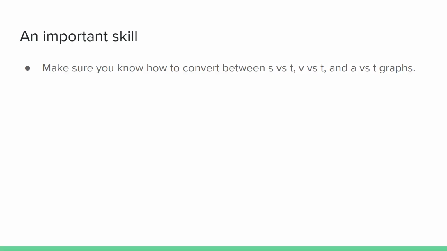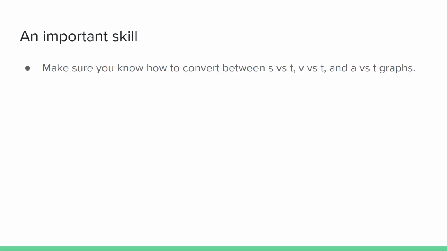That way I don't have to say X and T and Y and T. So S versus T just tells us displacement versus time, but we don't necessarily know what direction that might be. Right now we're just thinking linearly, so there's only going to be X and Y direction, and if we're talking about both of them in general, we can use the letter S.